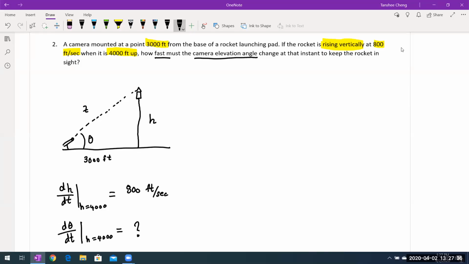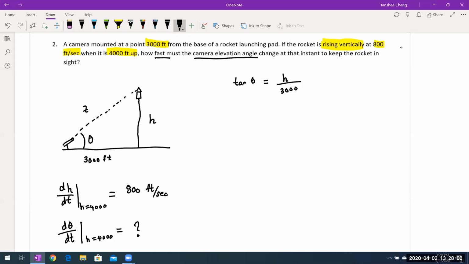Now what we're going to do is relate the rate of change in height with respect to time to the rate of change in angle with respect to time. We're going to use the tangent function, because tan θ equals opposite over adjacent, which is h over 3,000. So we can put a solid number right there.